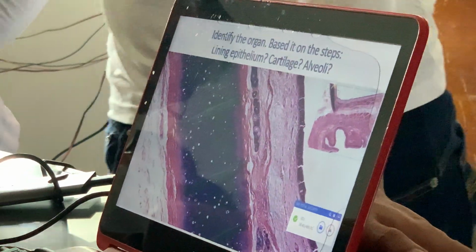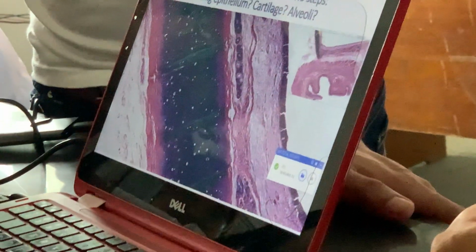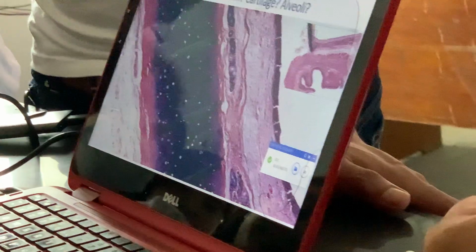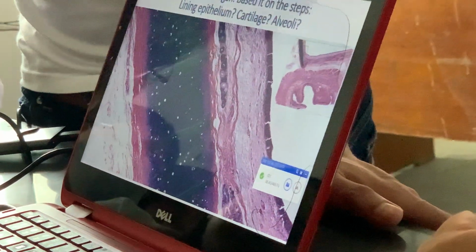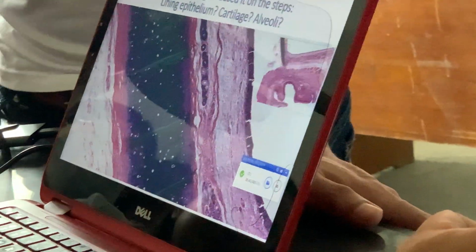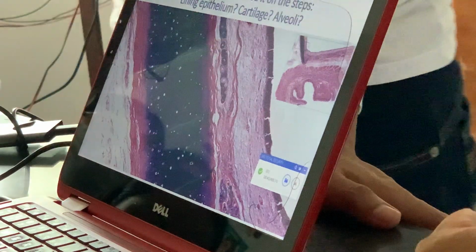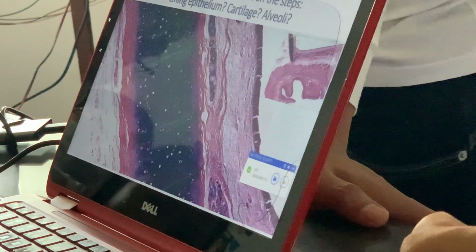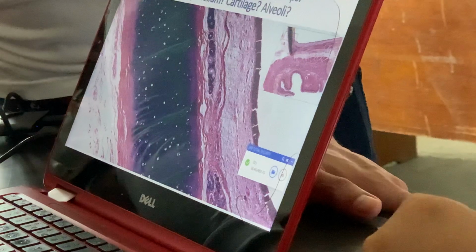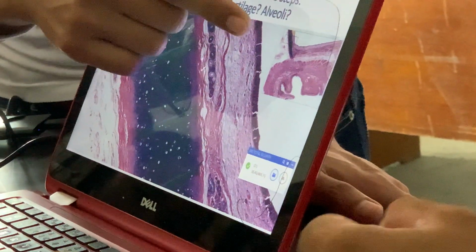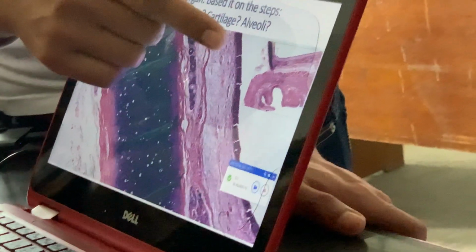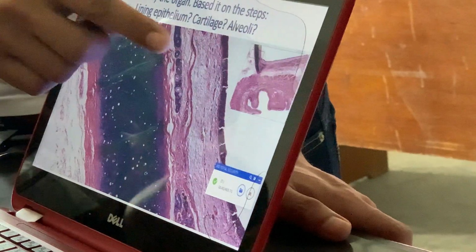Oh, that one. What is the organ now? Trachea. Good. Wait, if it is irregular, what are your choices? Bronchi or larger. Okay. What layer? Mucosa. What layer?